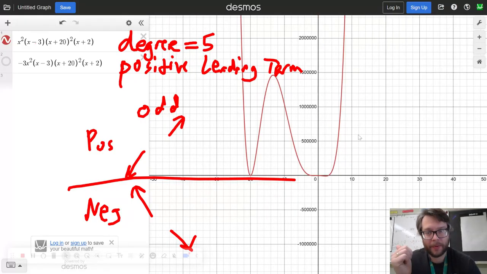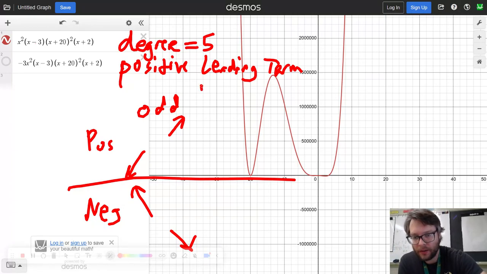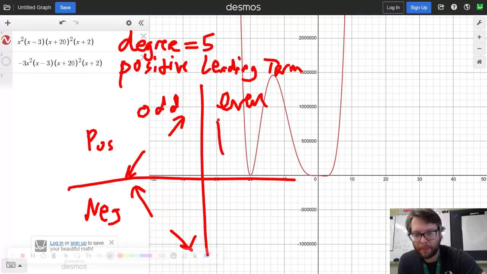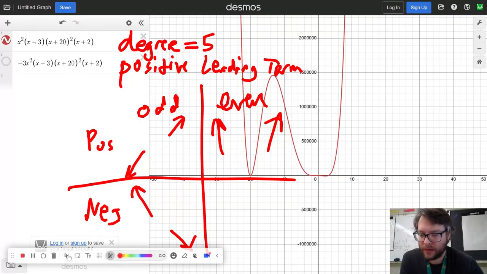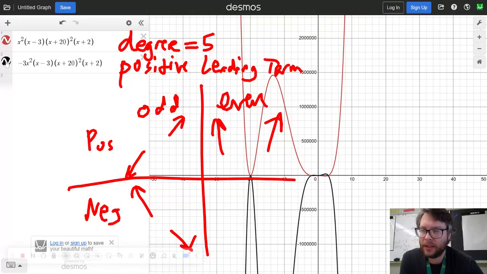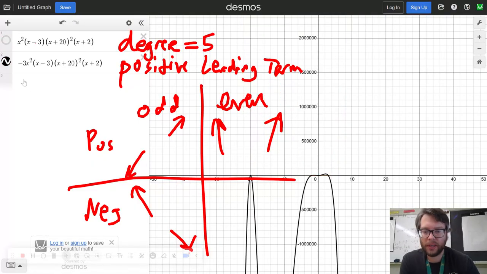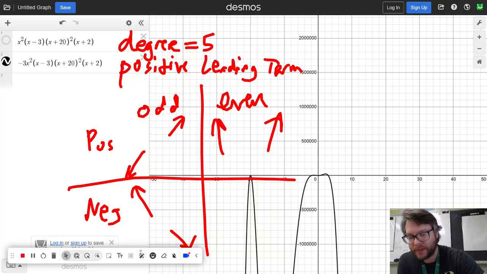You can see it's going up on both sides. So when I have an even degree and a positive leading term, it's going up on both sides. It might be doing some wiggly stuff in the middle. When I change that and I look at instead even degree with a negative leading coefficient, it points down on both sides.